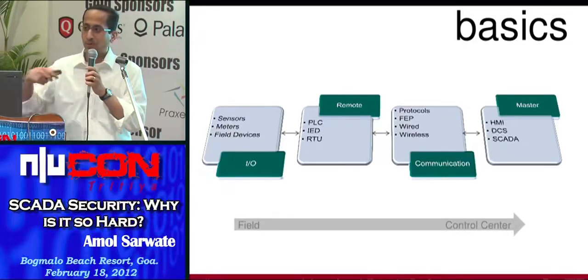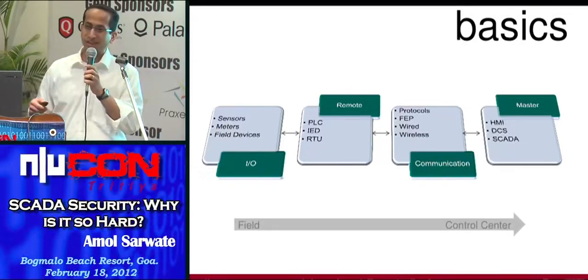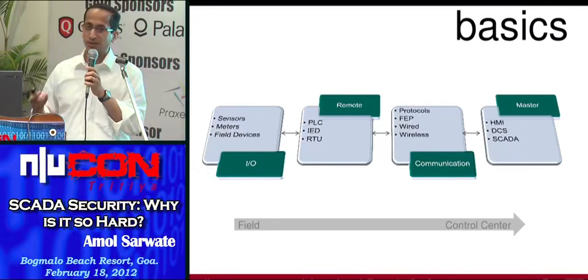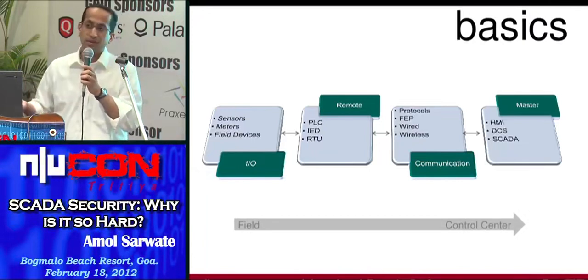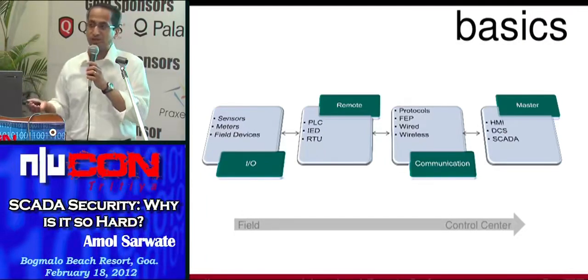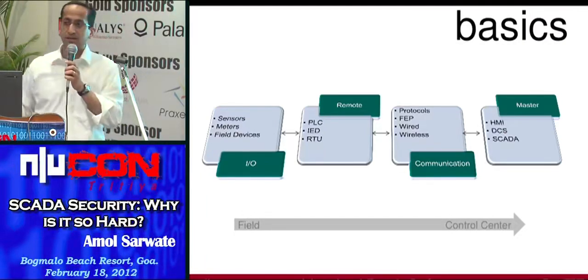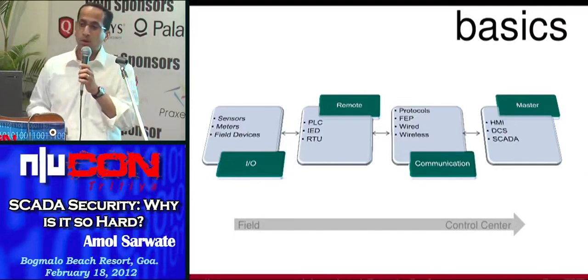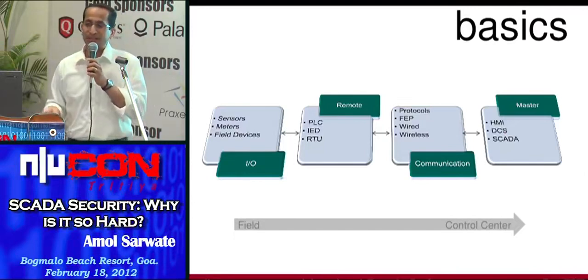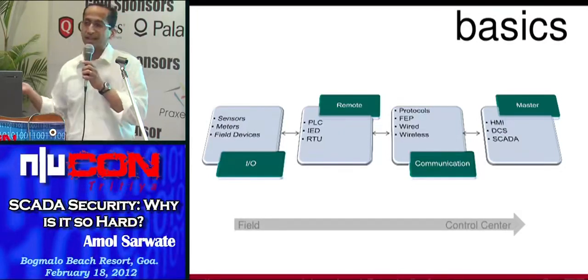But from some of the pictures that you saw earlier about SCADA systems, those pipelines, those electrical power transmission plants, it's impossible to get that type of system in your lab and try to write signatures for it or try to exploit it.